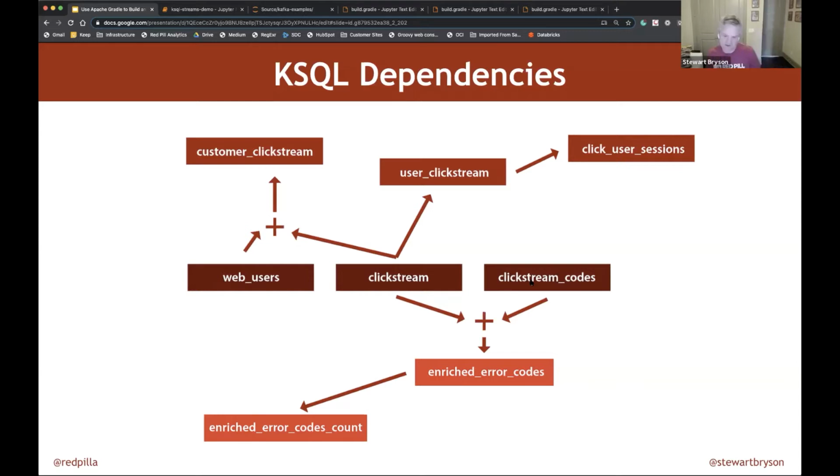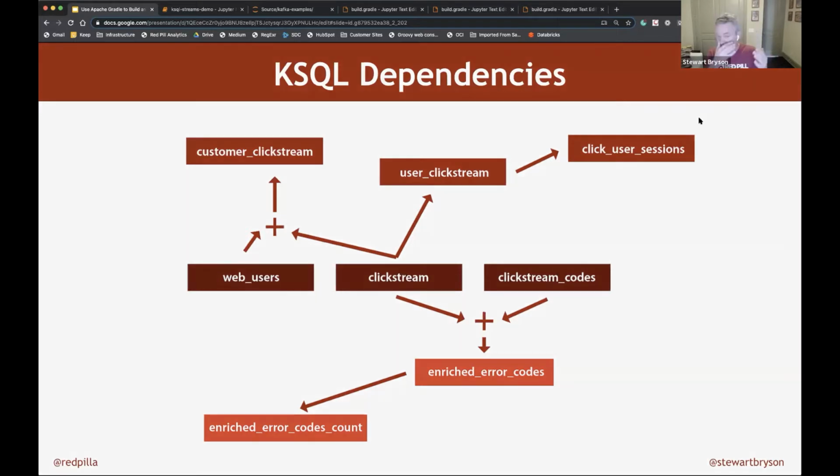That's data already sitting in Kafka topics. But we want to build these tables and streams here. So as you can see, it can get kind of hairy to manage all of these dependencies. So we needed our developers to have a framework that made this very, very simple.